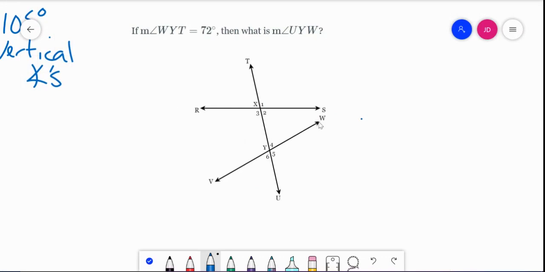All right, WYT. Labeled it. That is going to be 72 degrees. I want to find UYW.